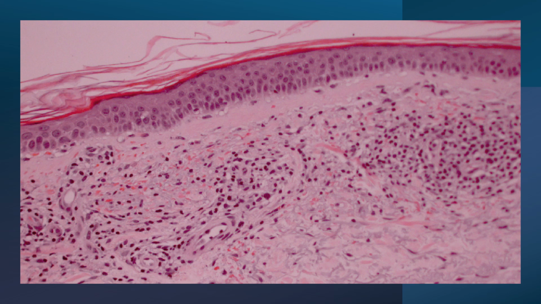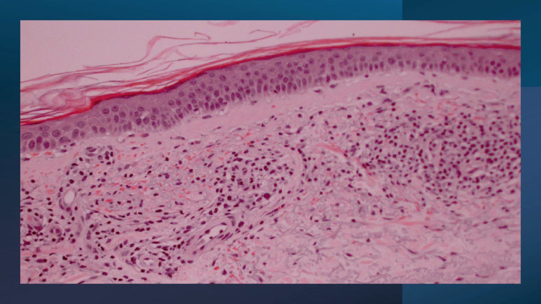Histologically, we have the epidermis here, and then within the superficial dermis there is chronic inflammation composed of macrophages and lymphocytes. Within this background, there are extravasated red blood cells, and frequently there are also macrophages that contain brown pigment within their cytoplasm.